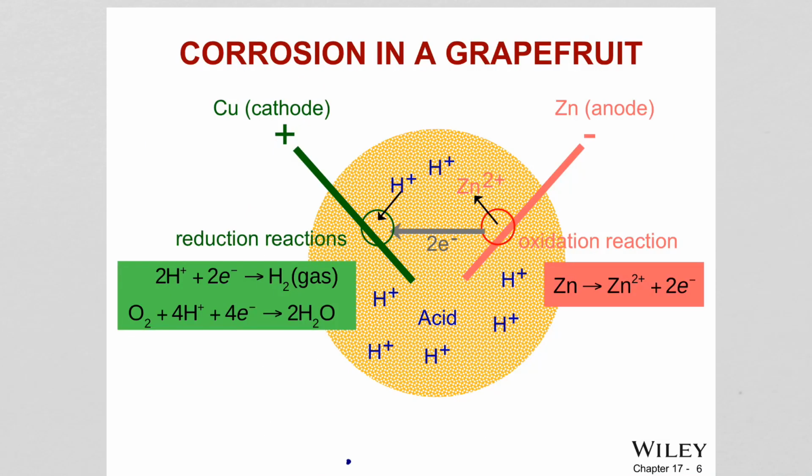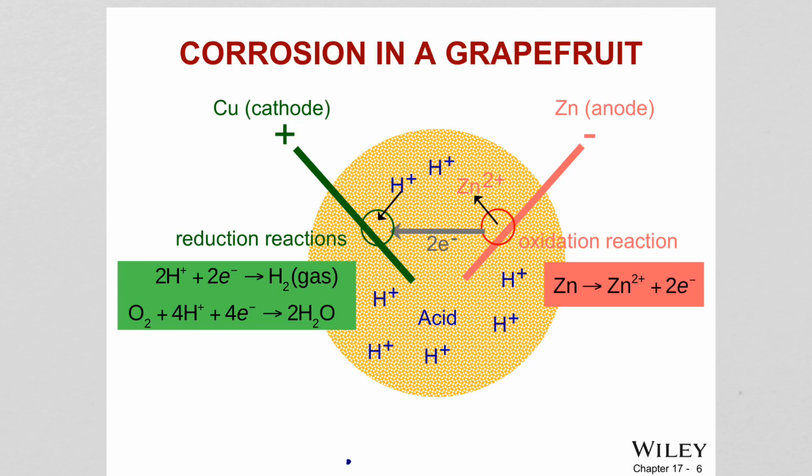This is to show you that without the electrolyte, corrosion cannot happen. Even with a grapefruit, if you insert copper on one side and zinc on the other side, you are now providing a perfect situation for corrosion to happen. First, there is an environment that can transfer electrons, and there is an environment that can transfer ions.